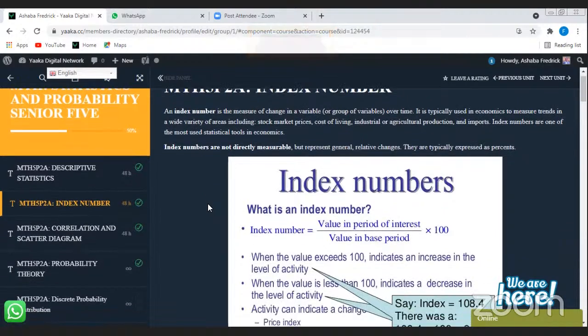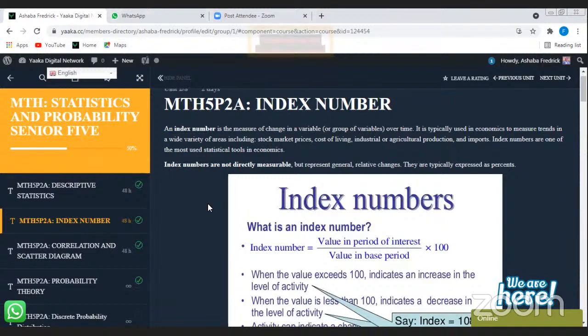Okay. So let us now go through the index numbers. So you can read. Okay. An index number is the measure of change in a variable or group of variables over time.